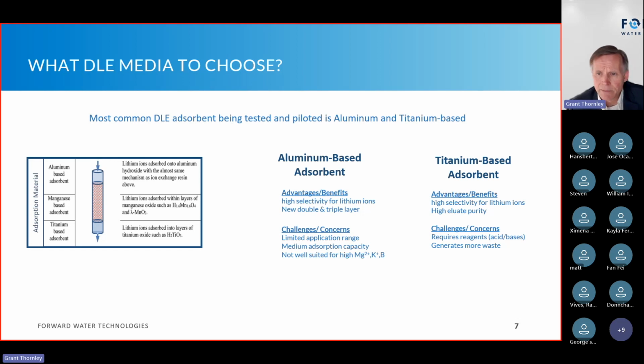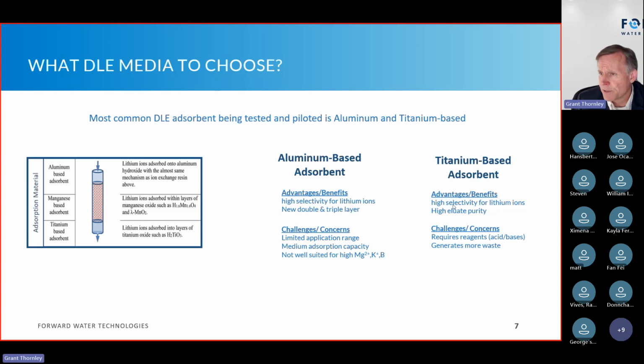So if I had very high levels of magnesium and potassium in my brine, maybe aluminum-based sorbent isn't the way to go. Maybe titanium-based is something to look at. So again, starting off with your characterization of your brine is going to dictate the direction of what sorbent you should go to or what supplier.